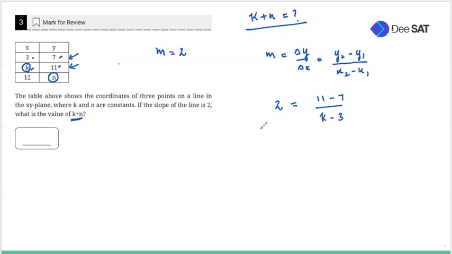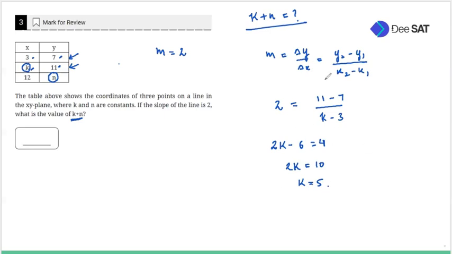And then I just need to solve it. When I solve it, it can be written as 2k minus 6 is equivalent to 11 minus 7, which is 4. Then I can solve that 2k is equivalent to 10. The value of k is equivalent to 5.